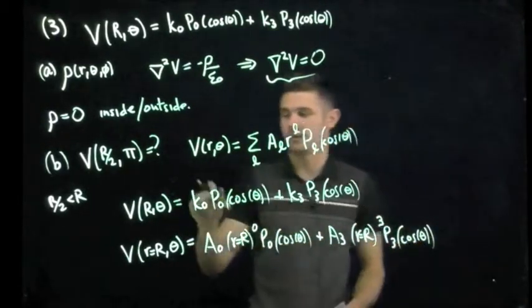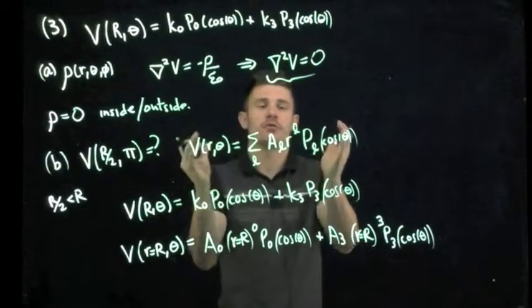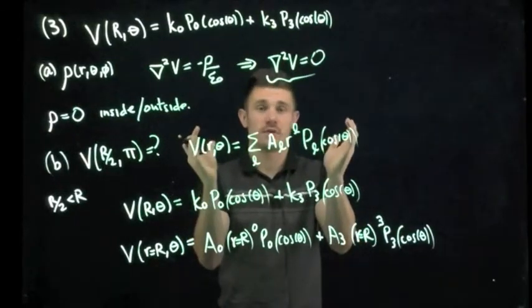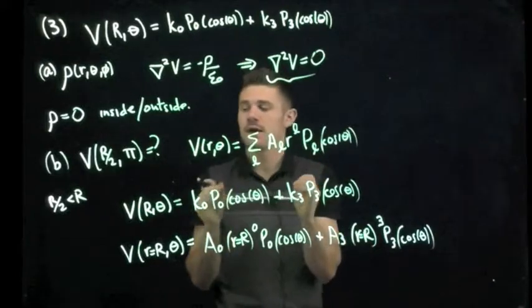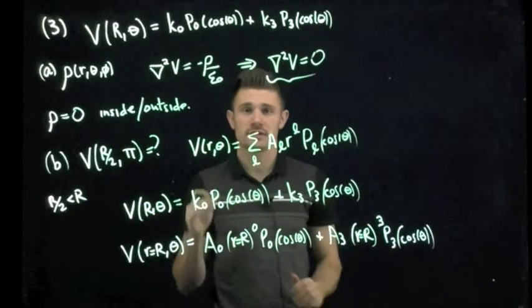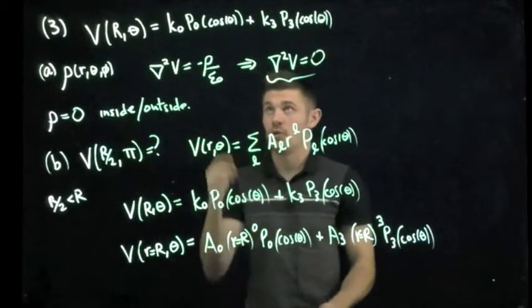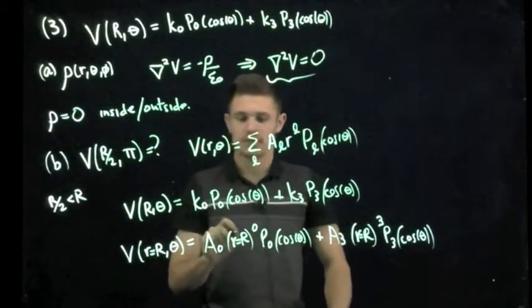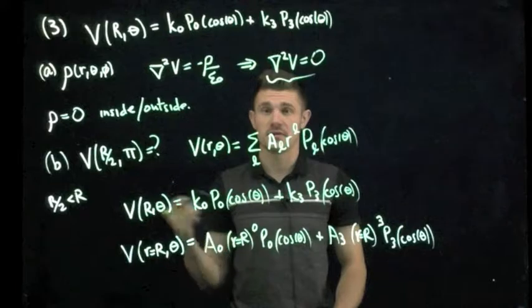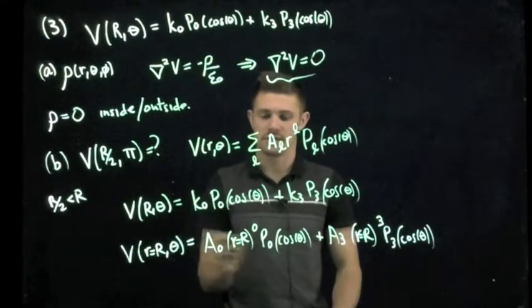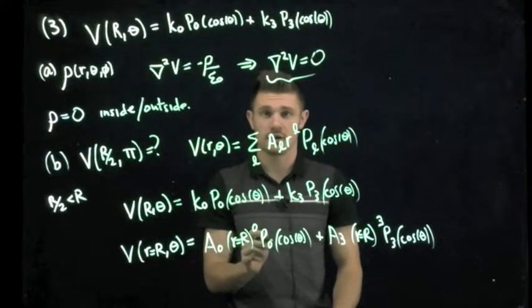And now essentially we just have to compare these two, because this is the general form of the potential that we have for inside a sphere, and this is what we're given as our boundary conditions. So we know that our general form on the boundary should be equal to what we've been given in the problem. So we can essentially just compare these two terms because they must be equal. So in this initial term, P naught and P naught are the same.